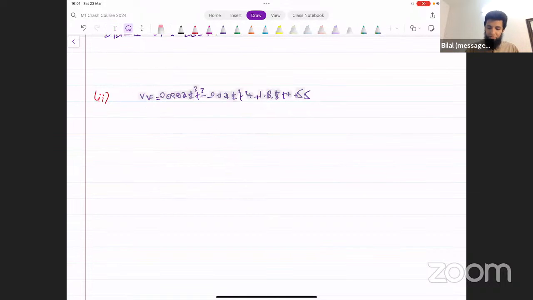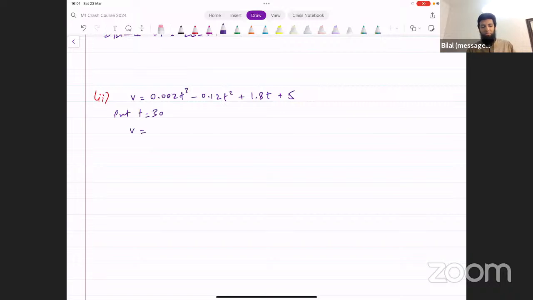All you have to do is put time equals 30 here, and that will give you the velocity at this particular time. 0.002 into 30 cube minus 0.12 into 30 squared plus 1.8 into 30 plus 5. And that's giving me 5 meters per second. So at time t equals 30, I'm getting 5 meters per second.